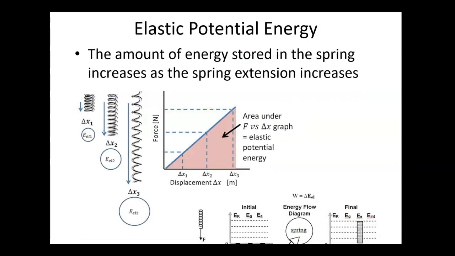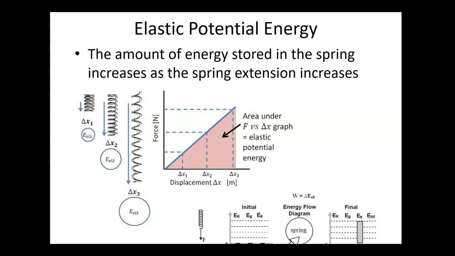So if we took a coiled spring, or any spring, and in this example, we're stretching the spring, we could do a graph of how much force it takes to stretch the spring to different amounts of displacement. The graph would be linear.